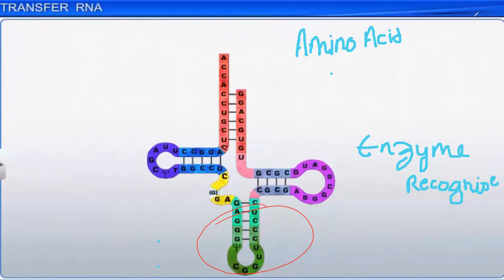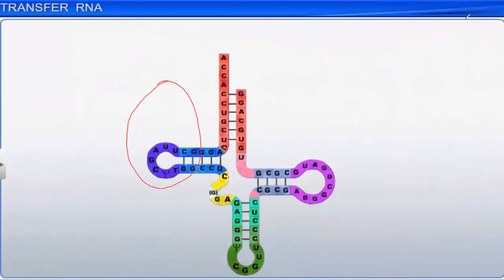While setting this, it also has to see that the two ribosomal parts will come and set themselves. To recognize that site is this one, the purple one, the ribosomal recognition site.